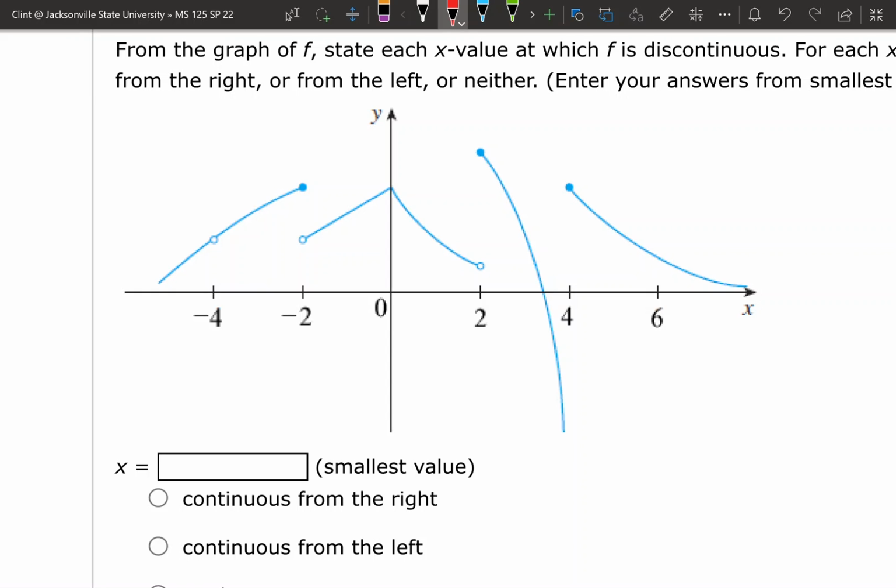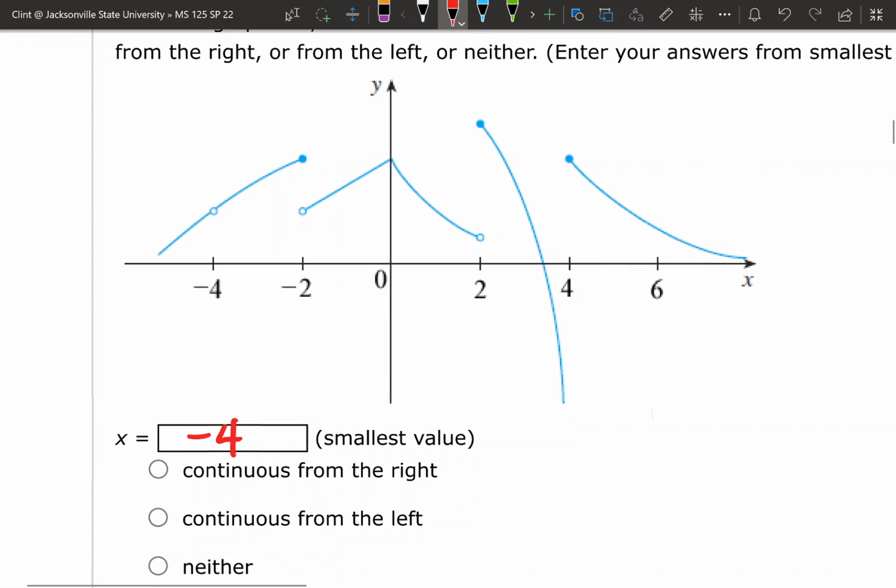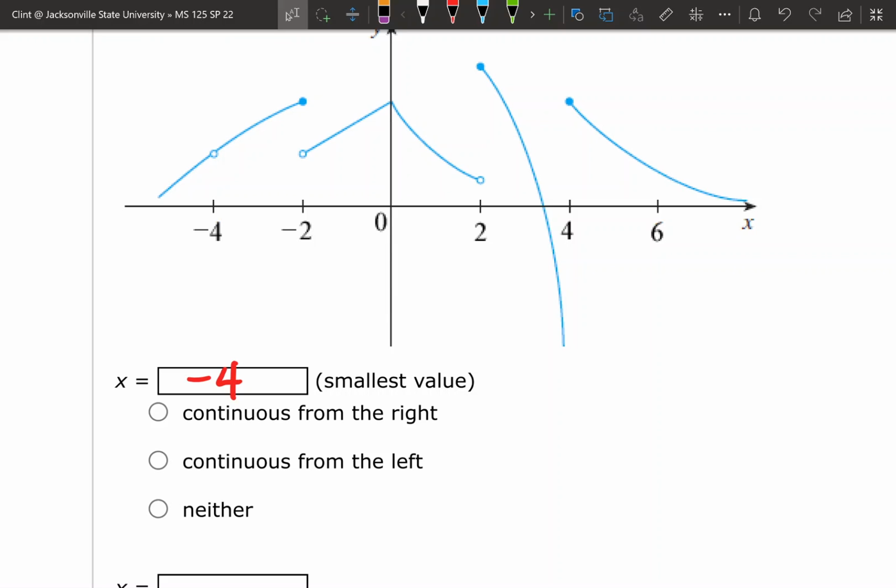Yeah. So if we're going from the left, where's our first one of those we run into? Yeah, -4. And then this one's talking about the one-sided continuity. That's not that big of a deal, but what that's saying is, would it be continuous from the left, or would it be continuous from the right, or neither?